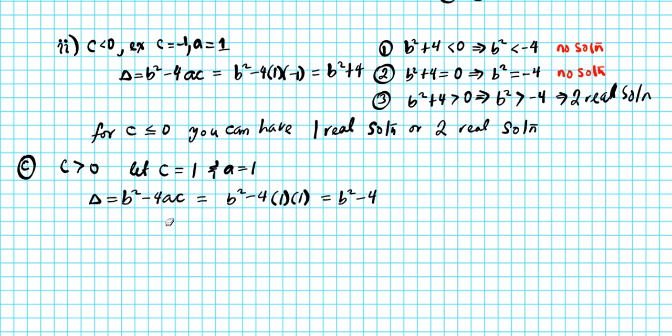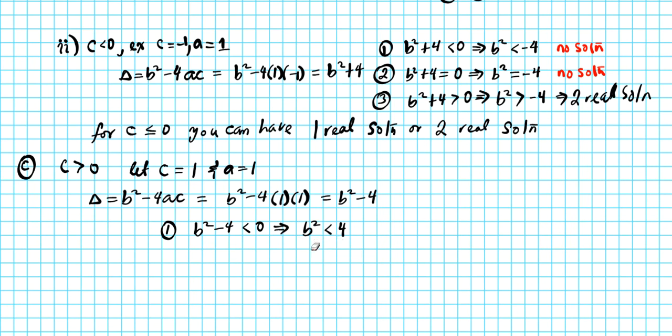So for the first one, can b squared minus 4 less than 0, is it possible to solve this? If we add 4 to both sides of this inequality, we have b squared is less than 4. What this is asking is, is there any square that's smaller than 4? Absolutely. 0 squared is smaller than 4. 1 squared is smaller than 4.